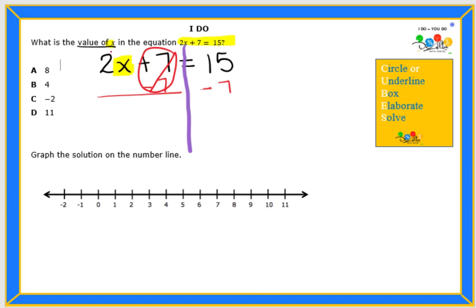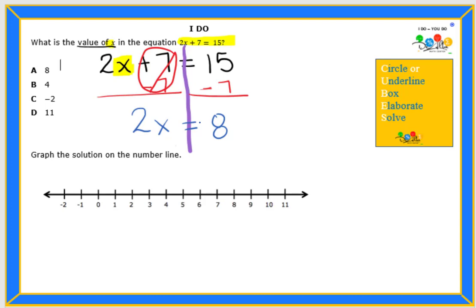And all we have left is 2x. So we can bring down the 2x. But on the other side, we have 15 minus 7, which gives us 8. Okay, so now we have 2 times x is equal to 8.